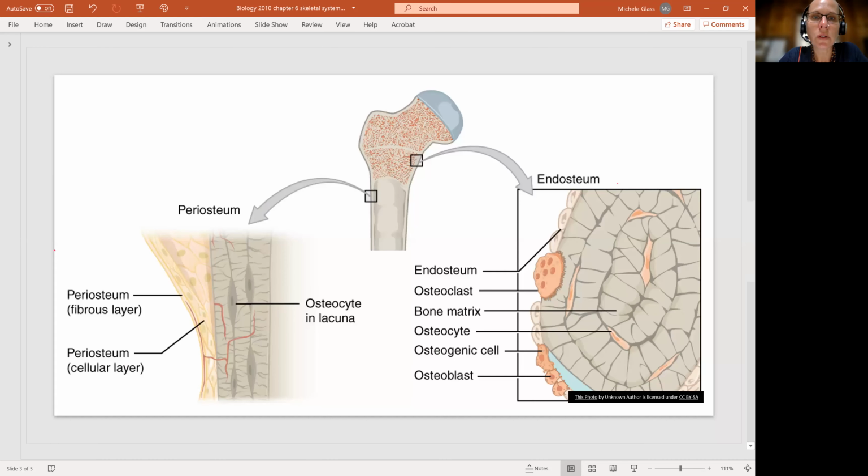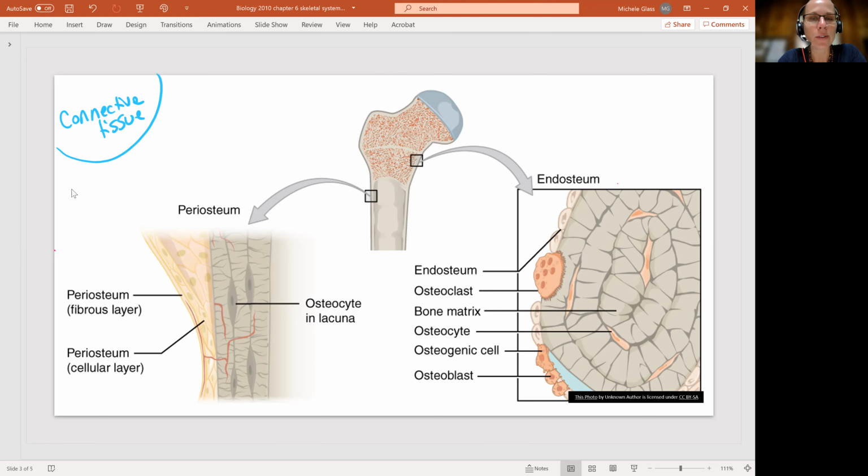Now, as we continue looking at the gross anatomy of our bone, we are going to see some important connective tissues. Now, of course, the entire skeleton is composed of connective tissue. Bone is a connective tissue. Cartilage is a connective tissue. Your ligaments are connective tissues.